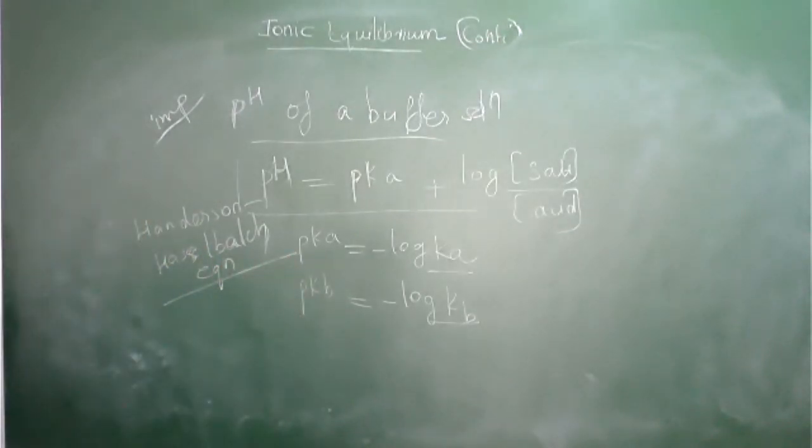In case they ask you to write down the formula for the Henderson-Hasselbalch equation, you should be familiar: pH is equal to pK plus log salt by acid.